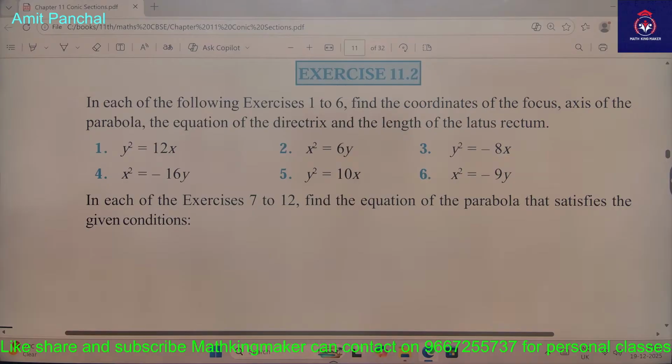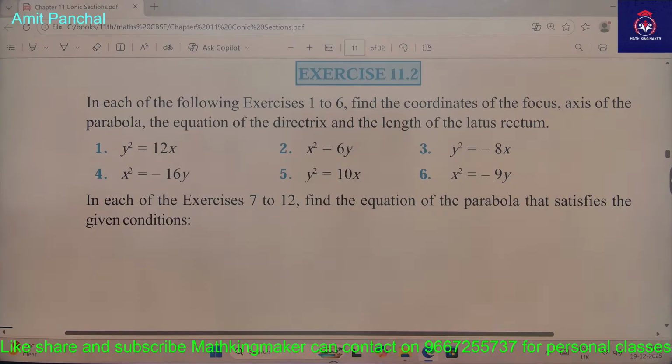Focus goes to 0, comma, minus 9 by 4. Directrix is y equals to 9 by 4 and latus rectum is 4 into 9 by 4.